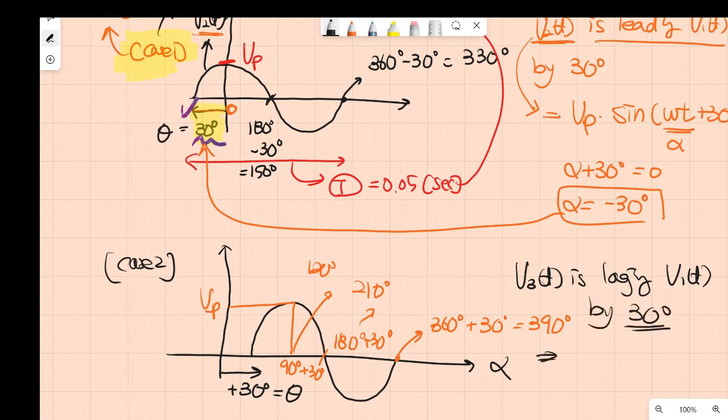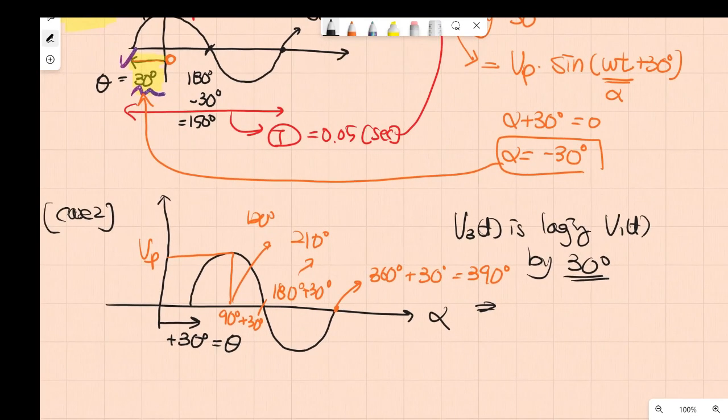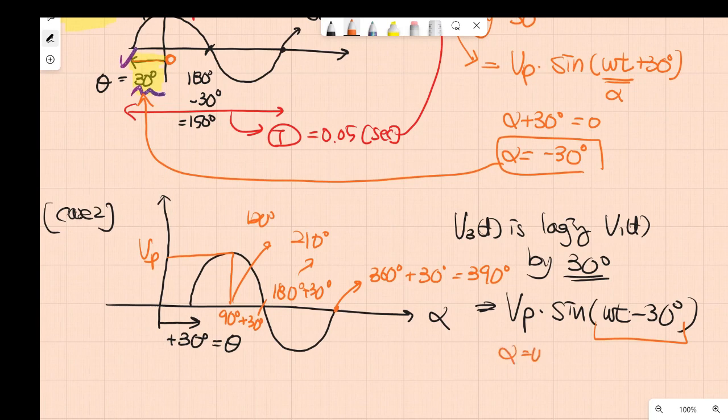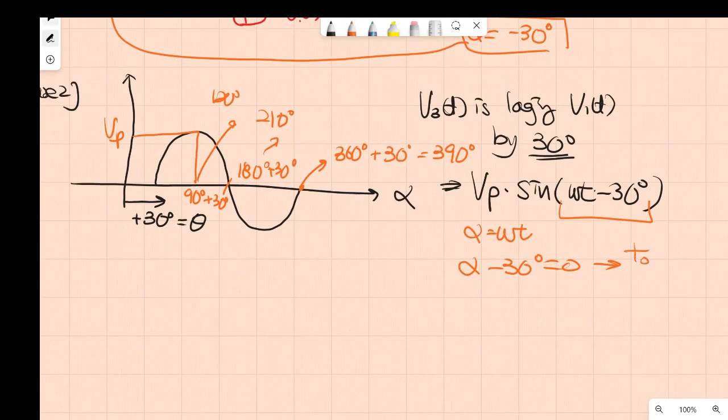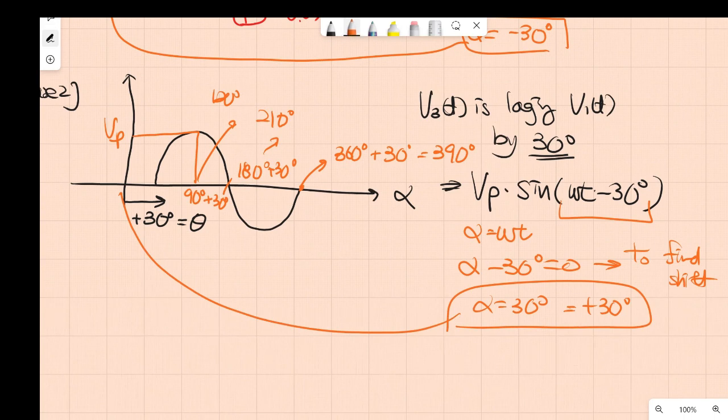We can rewrite it as V_p sine omega t minus 30 degrees. Why? Because alpha is omega t, and alpha minus 30 degrees equals 0 gives alpha equal to plus 30 degrees, which is the shift to the right.